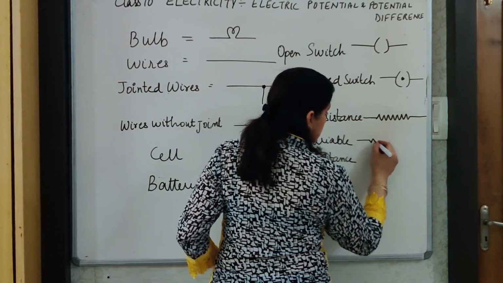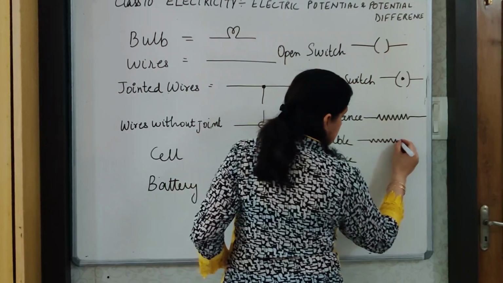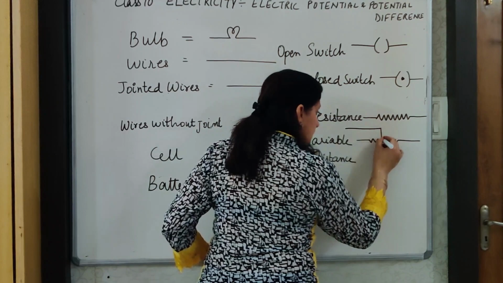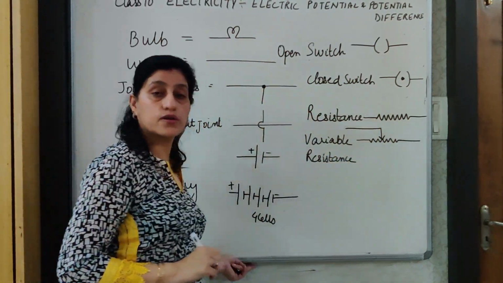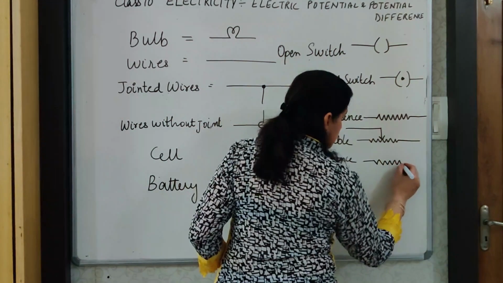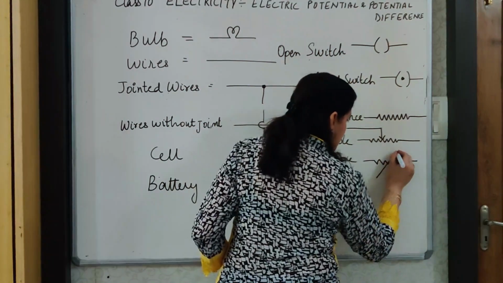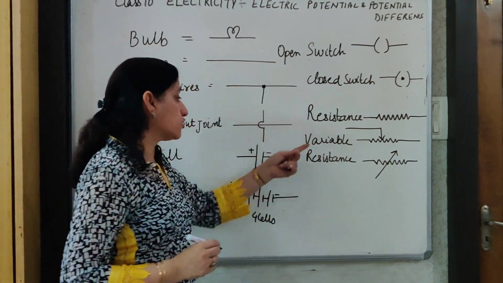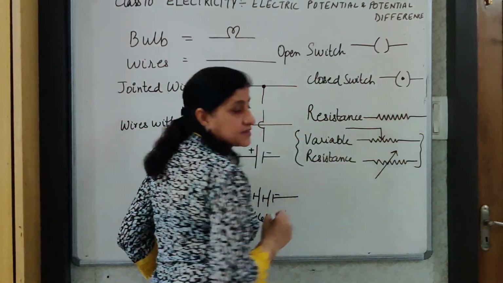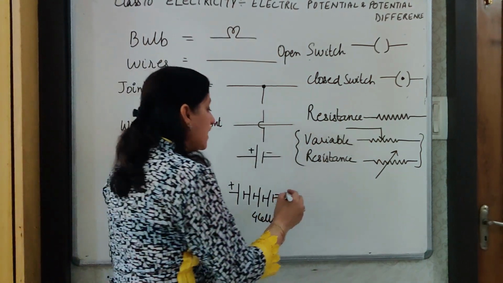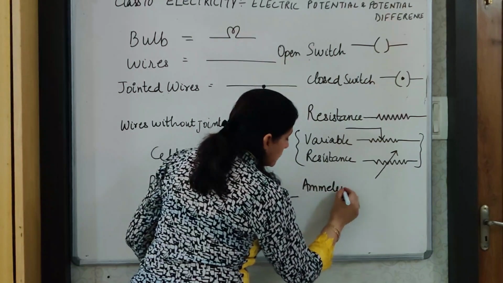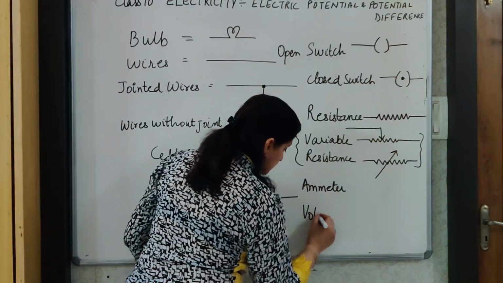The first one, first showing the resistance, and then to show variable resistance we drop an arrow on this. Another way of representing it is first drawing the resistance and then we pass the arrow through it. Both of them represent variable resistance.